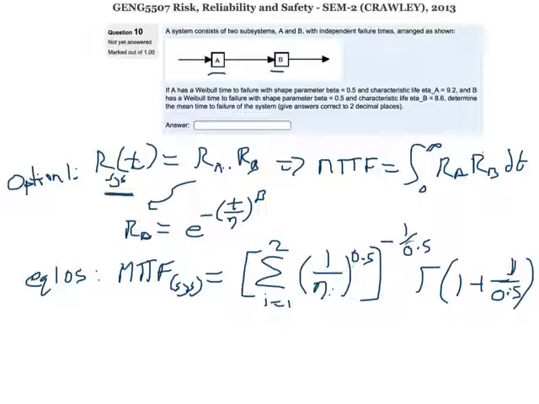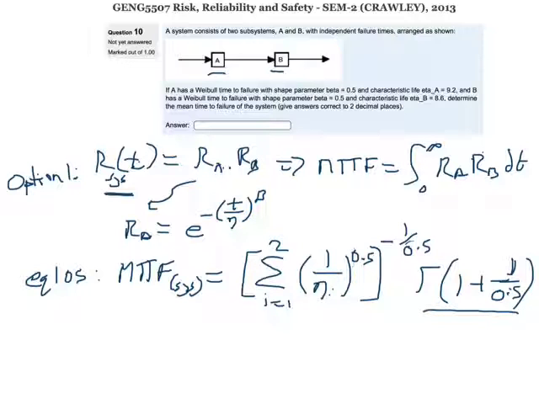So what does this become? Firstly, that is the gamma function of 1 plus 2, which is equal to the gamma function of 3. And when you've got an integer inside the bracket, it's just equal to the integer minus 1 factorial, so in this case 2 factorial. And 2 factorial is just 2 times 1 is 2. So this whole thing is just going to be equal to 2.